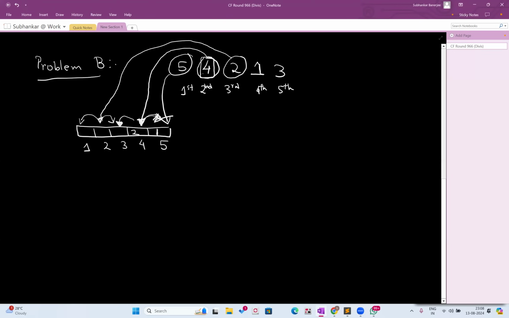Seat number 1 is unoccupied, and seat number 3 was also unoccupied. If both of these are unoccupied, he cannot sit in this seat, we'll say this arrangement is not possible, and the answer will be printed as no. So this example is clear, I think.